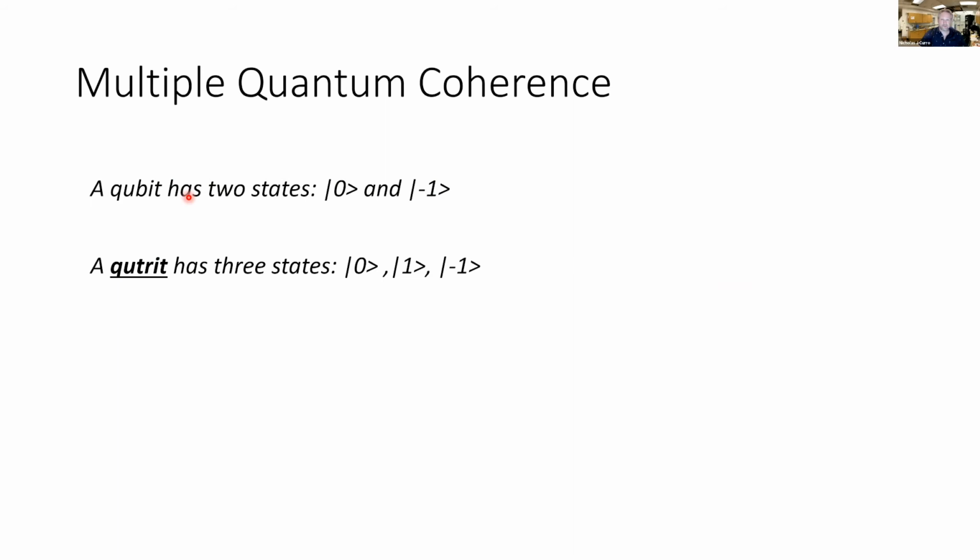I don't know if you've ever heard of the word Q-trit. A Q-bit is the most common thing that people talk about in quantum computing, right? There's just two states, 0 and 1. A Q-trit actually has 3 states. So instead of 0 and 1, you have 1 extra state it could be in.